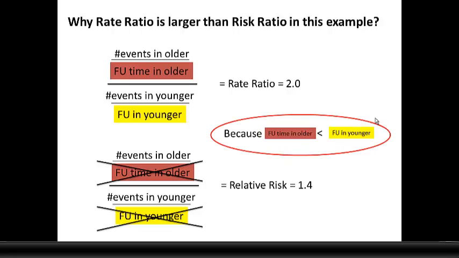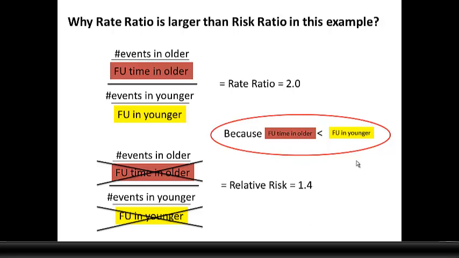Because follow-up time in the younger population is larger than in the older population, if you account for differential follow-up, older people having shorter follow-up actually makes their rate larger, and the rate of CHD among the younger population is smaller. So the numerator gets larger and the denominator gets smaller. Therefore, the rate ratio is larger than the relative risk.